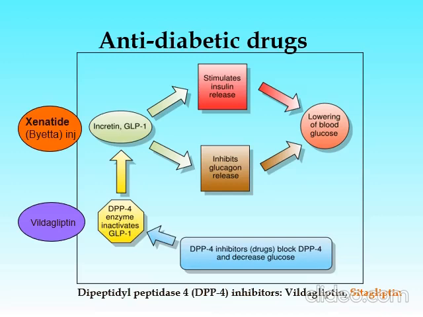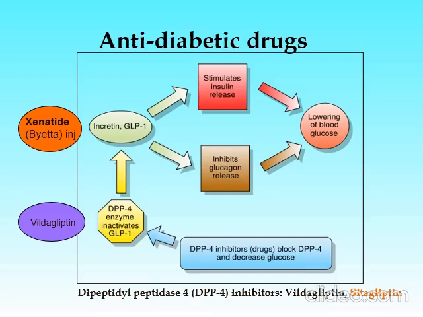We have two groups of drugs. One group of drugs has action like incretin, named incretin mimetics or glucagon-like peptide analogs.